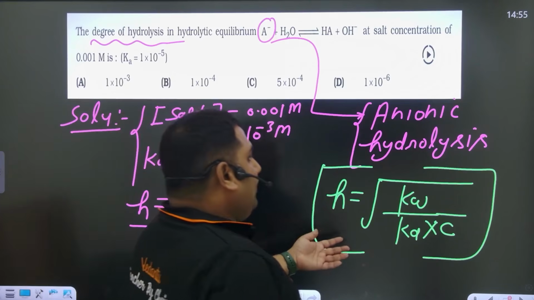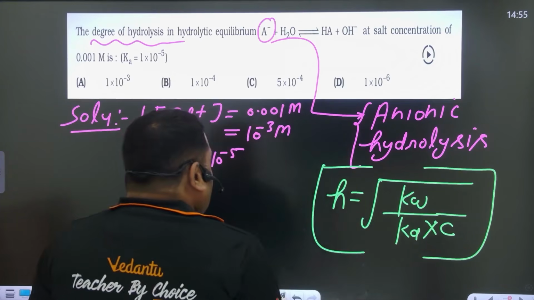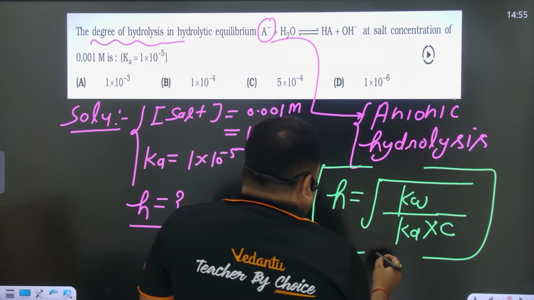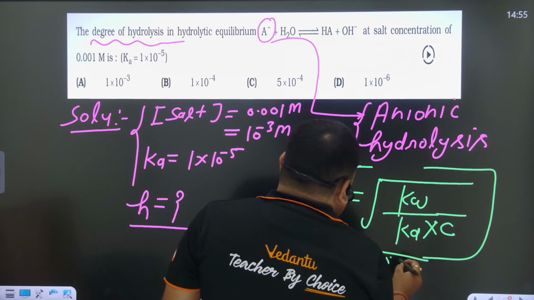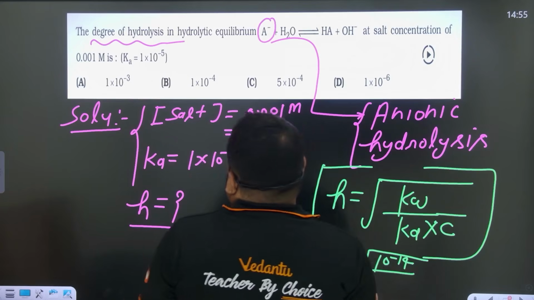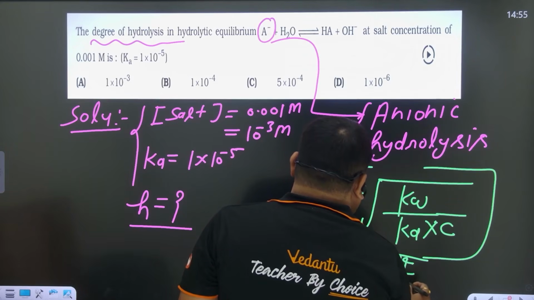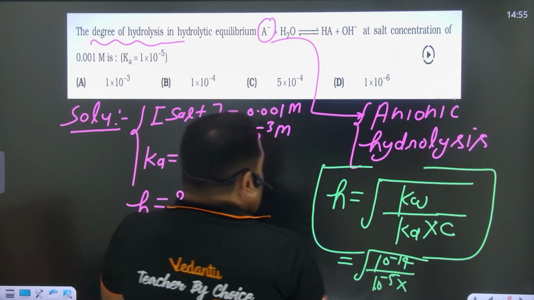Now you have to put the values of Kw, Ka and C here. If you put the values in this expression, then you get under root 10 to the power minus 14 divided by Ka, which is 10 to the power minus 5, and the value of concentration is 10 to the power minus 3.